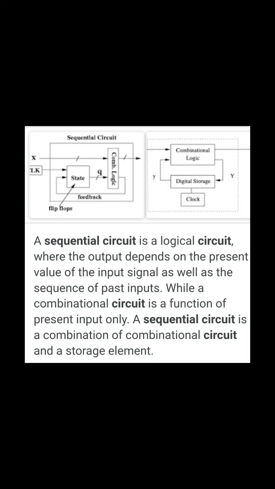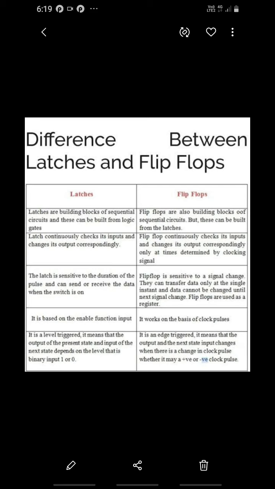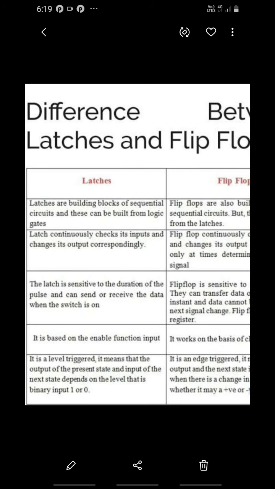Next I explain the RS latch using NOR gate. But before that, what is the difference between a flip-flop and a latch?